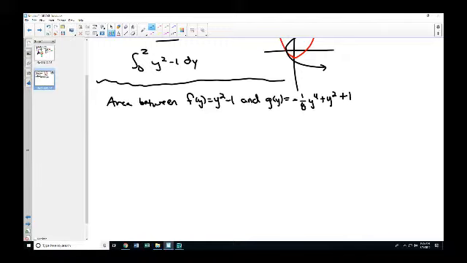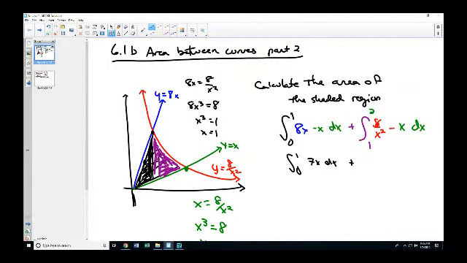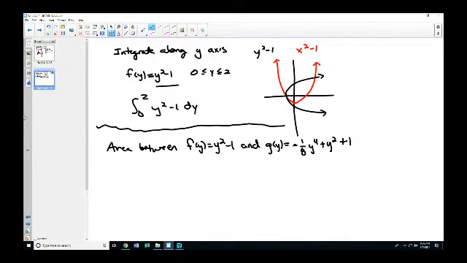Okay, now you have two functions in terms of y. You just do the same thing, figure out which one's on top, which one's on bottom. In terms of y, this one would be left, right? Is it left, right, or right, left? Right, left. Why is it right, left?